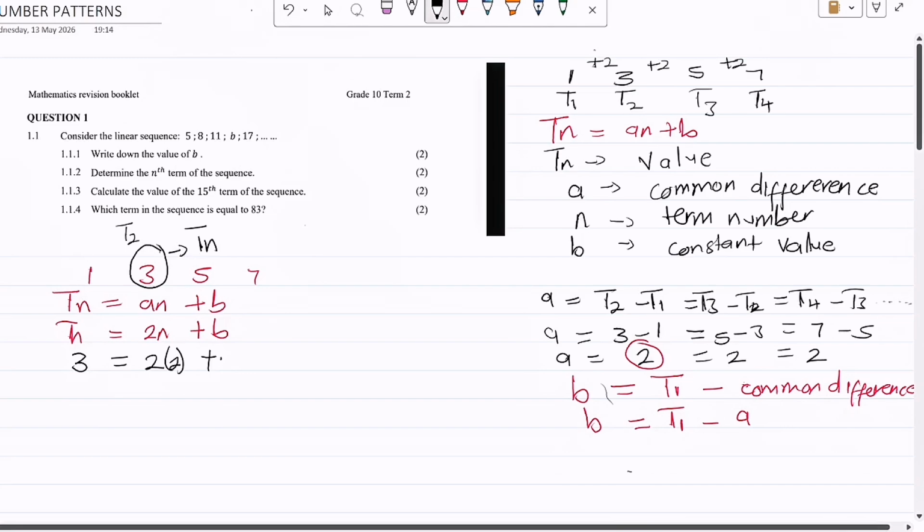Now you find out that b is equal to negative 1. So that's how you can find b as well. If you want, you could just use the formula that I just told you, T1 minus a, which would be 1 minus 2, and you would have gotten negative 1. Alright, so that is all that I wanted to explain in terms of the formula, just the introduction to the thing.